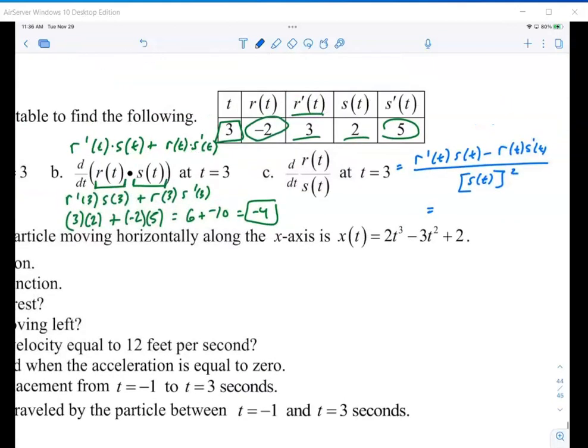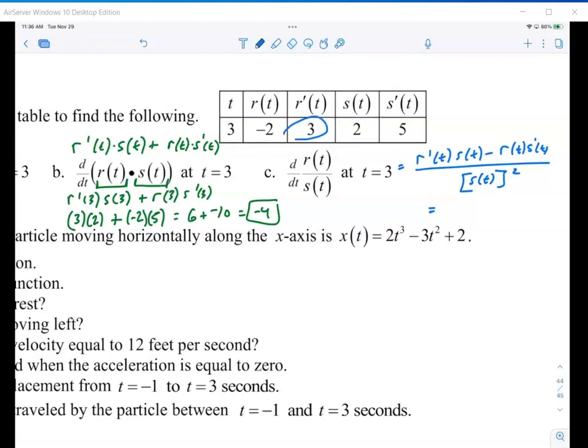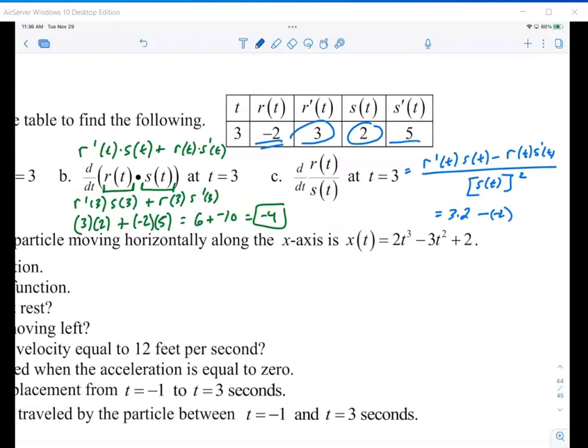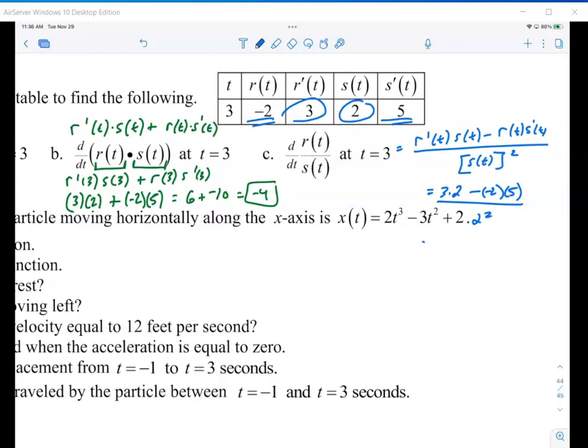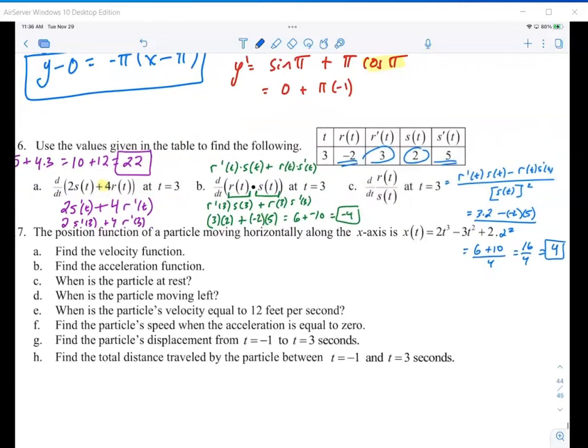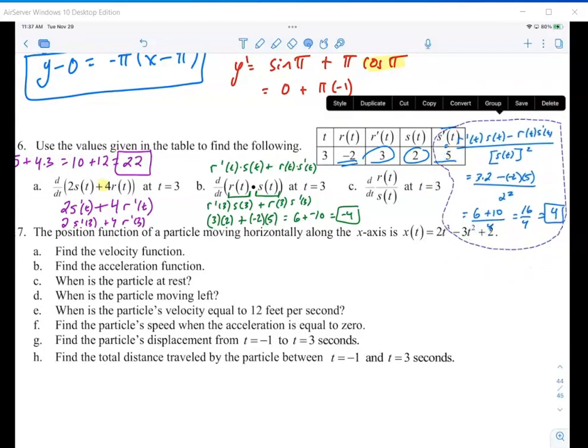So I am going to get, and these are all evaluated at 3 again, r prime of 3, which is 3, times regular s, minus regular r times s prime, and it's over s of t squared. It's over 2 squared. Okay, so it's going to give me 6 minus a negative, so 6 plus 10 over 4, which is 4. Okay, so it's just kind of testing your knowledge of product rule, quotient rule. All right.